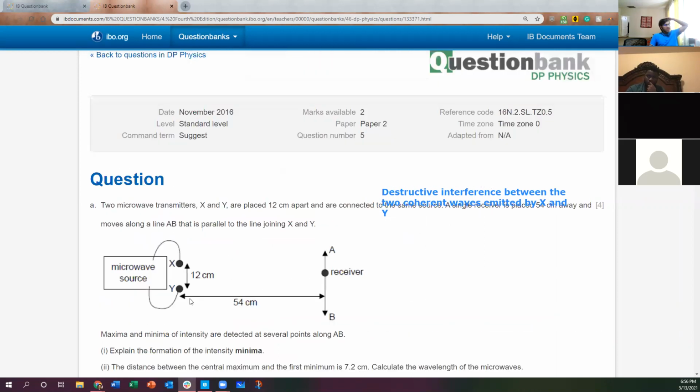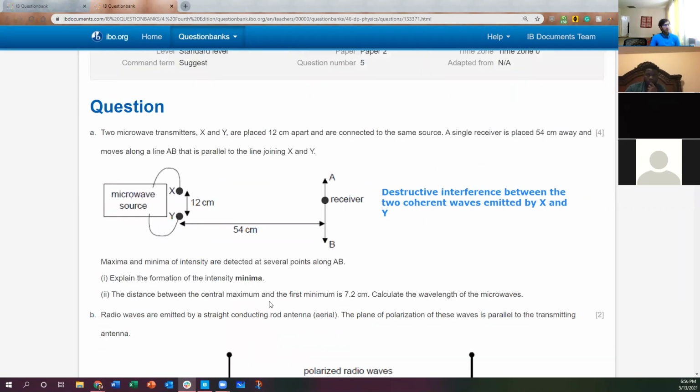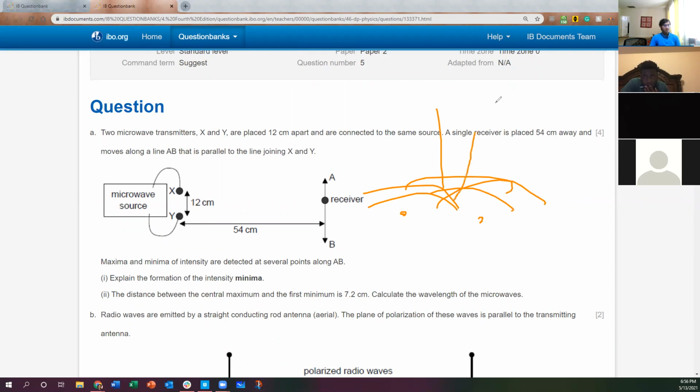Now, the distance between the central maximum and the first minimum is 7.2 centimeters. What does that mean? Remember, whenever we have two sources and they interfere, they produce that pattern where you have the central maximum and then the first minimum. So this is the next maximum, this is the first minimum.